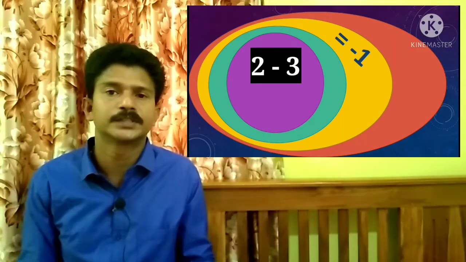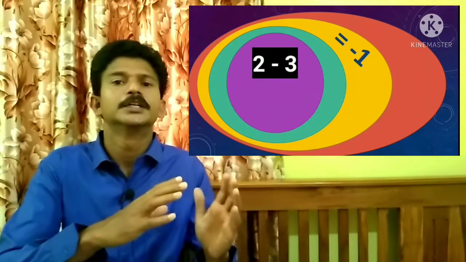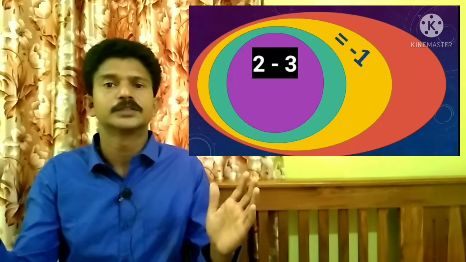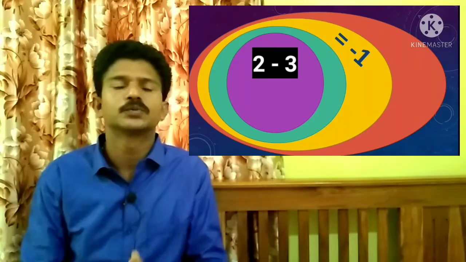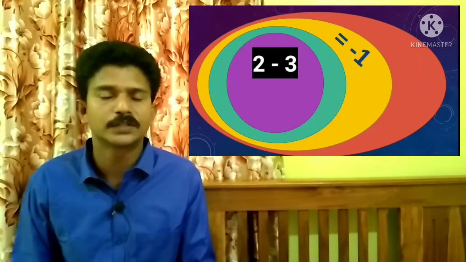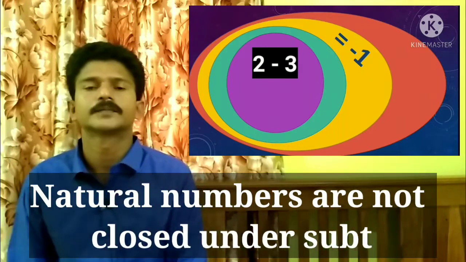The answer minus 1 is in the yellow circle, which means it is going out of the pink circle, which is the natural numbers. It is going outside, so it is not closed. So we can say the natural numbers are not closed under subtraction.